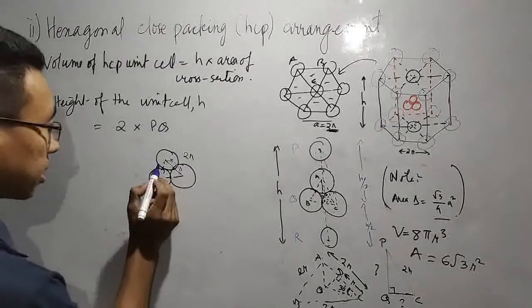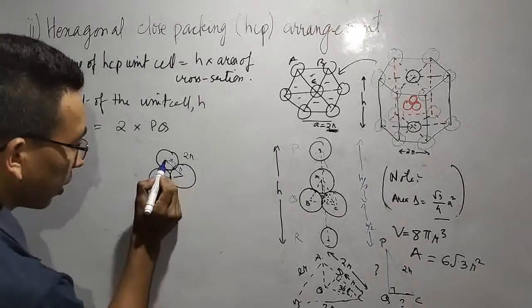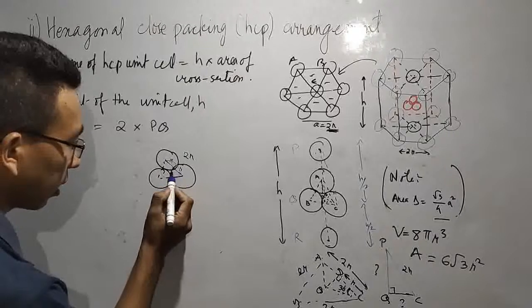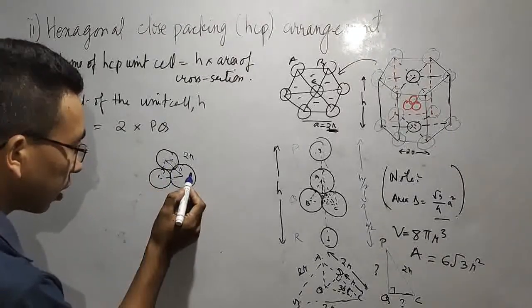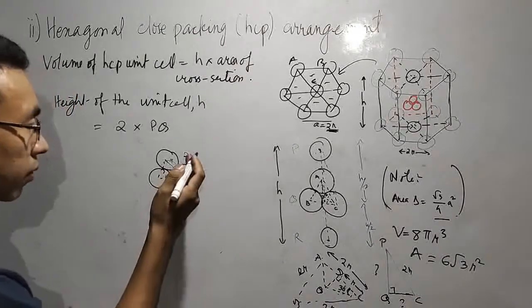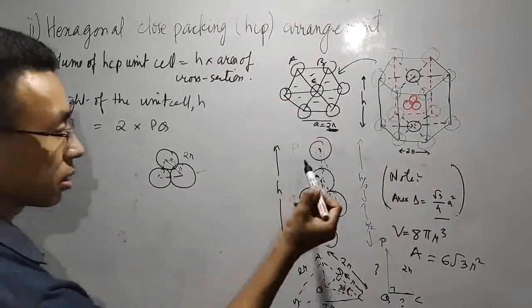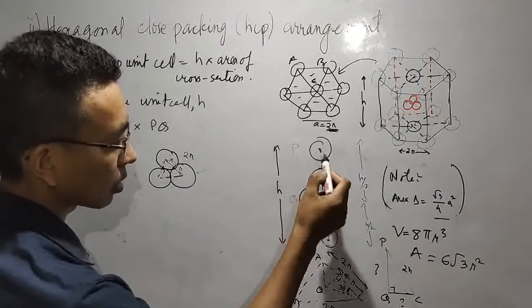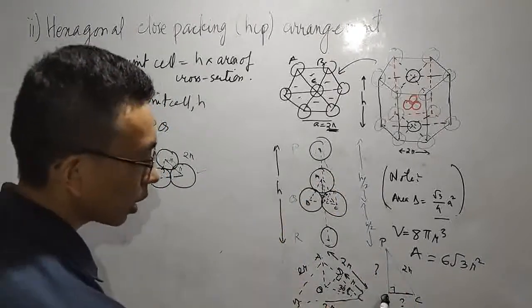Okay, it is in touch with this three atoms, and if the distance from this to this is 2r, then from the upper atom or particle to the atom that is below will also have that same distance of 2r. So the distance between the center of this atom and this atom is 2r, that is, PC is also 2r.